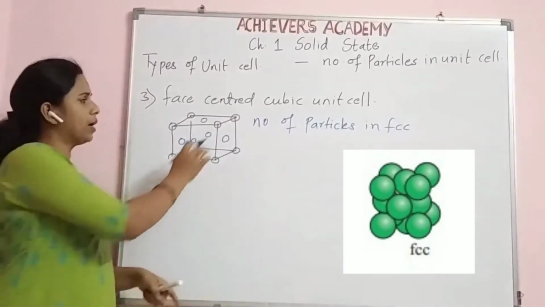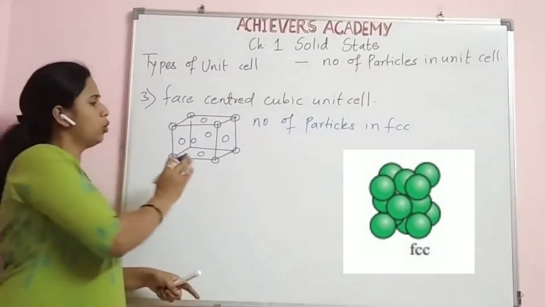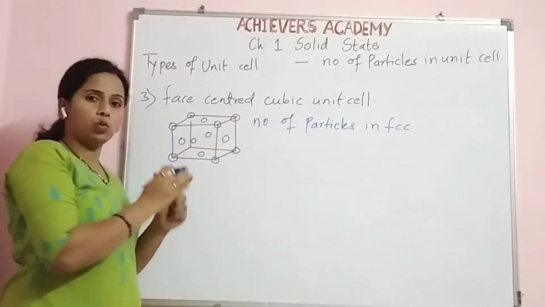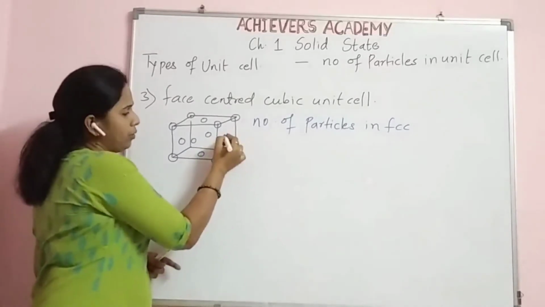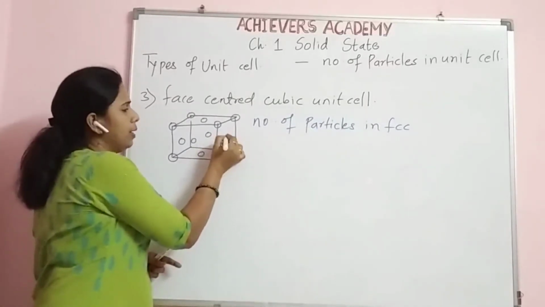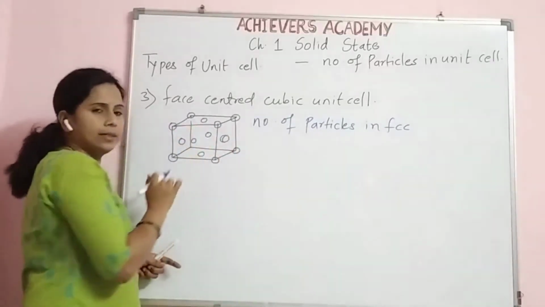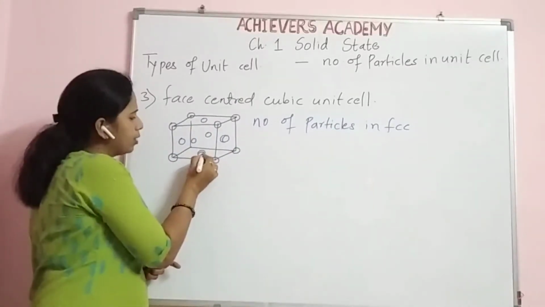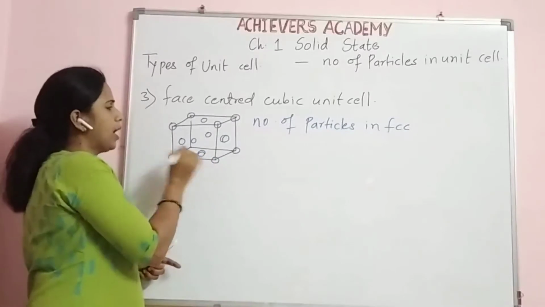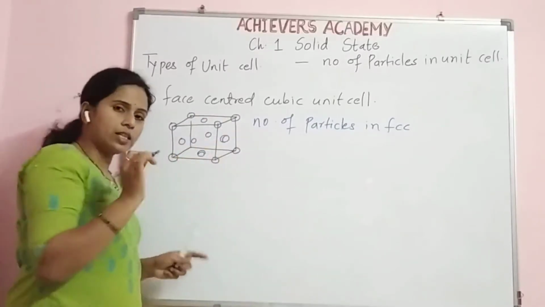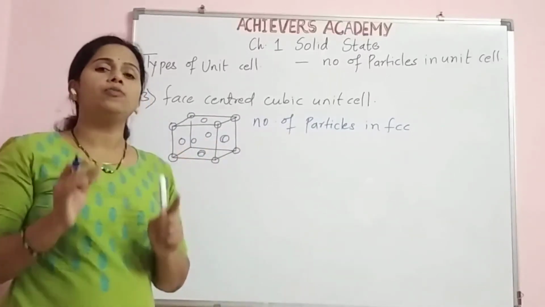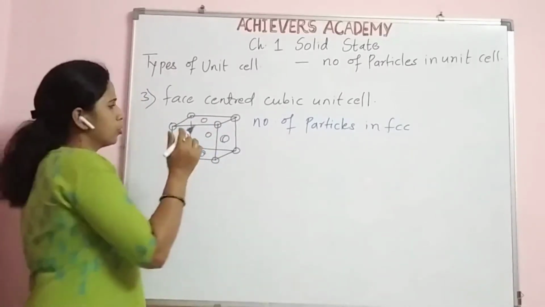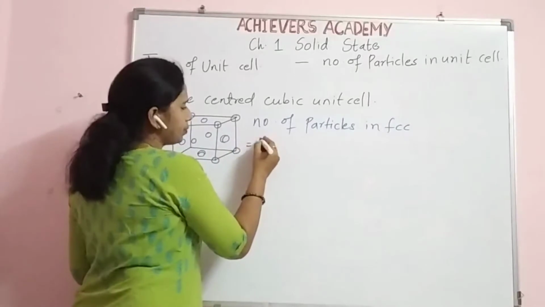Now see students, when a particle is present at the face, that particle is shared between two unit cells. So actually, only half of the particle belongs to this face. Even this particle also, only half is present at this face. That way, of the 6 face particles, only half of each is allotted to this unit cell. So let's calculate it.